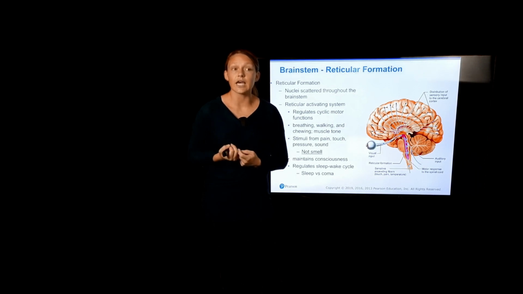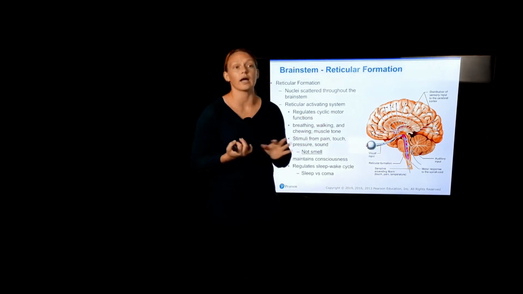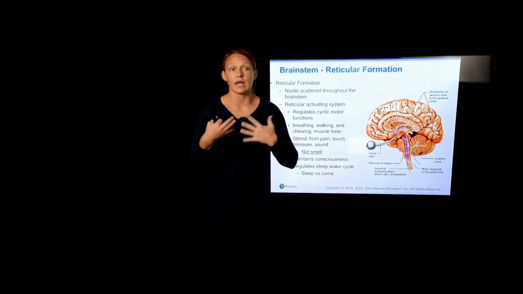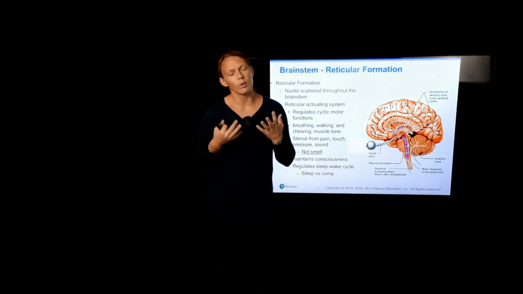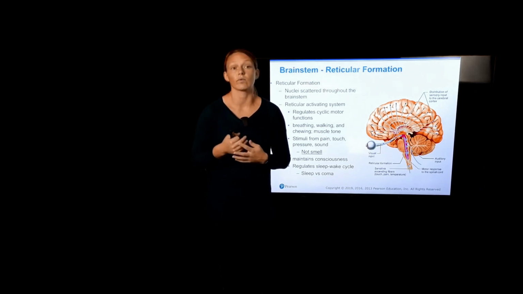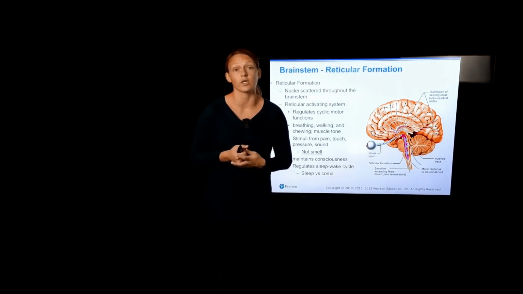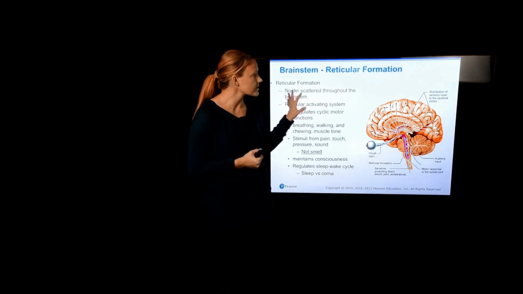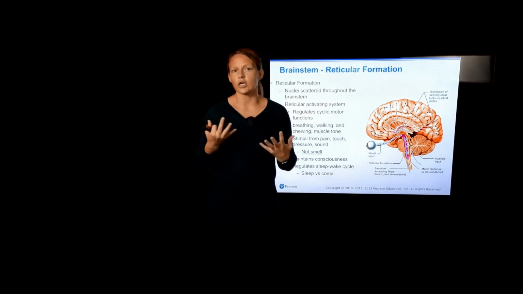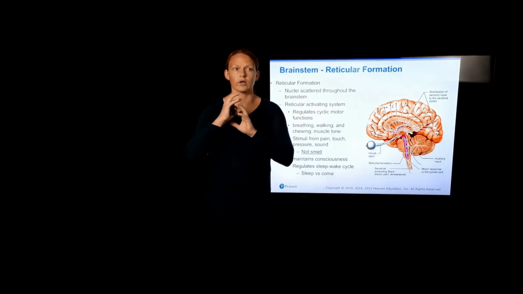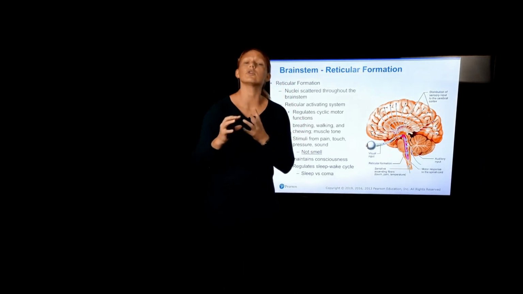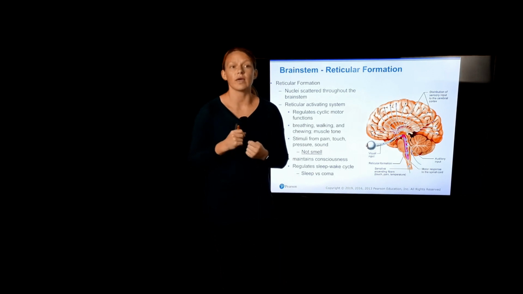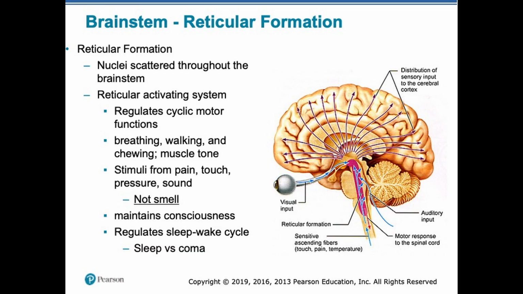And then obviously damage to this reticular activating system is going to result in a coma, meaning we cannot be aroused from that sleep, but we may or may not have reflexes depending on how severe that damage is. So the RAS, again, is not a structure, more of a concept: that intricate system, that framework of loosely clustered neurons within that brainstem region.